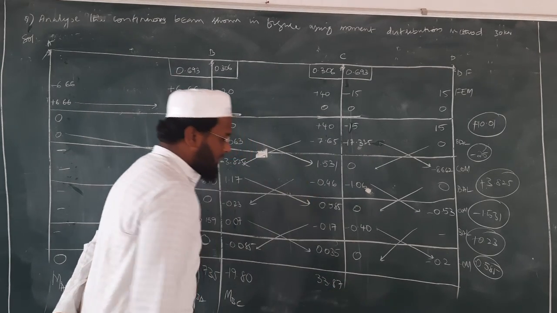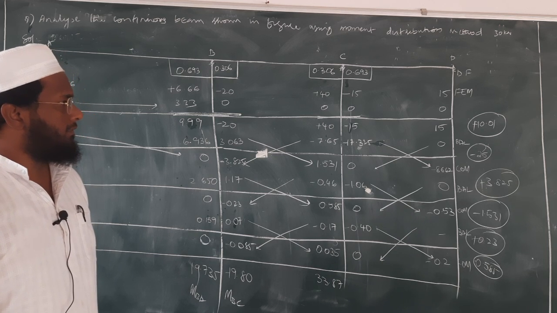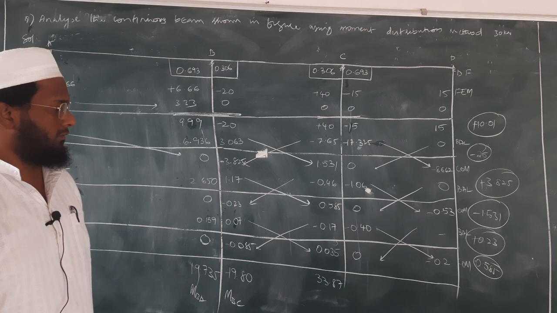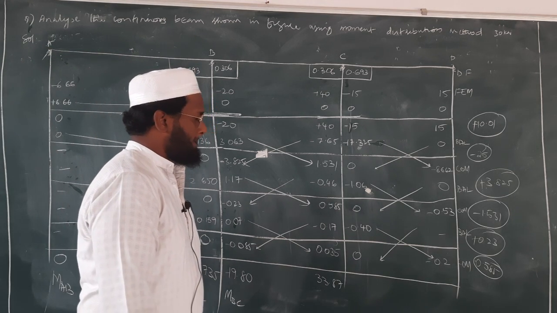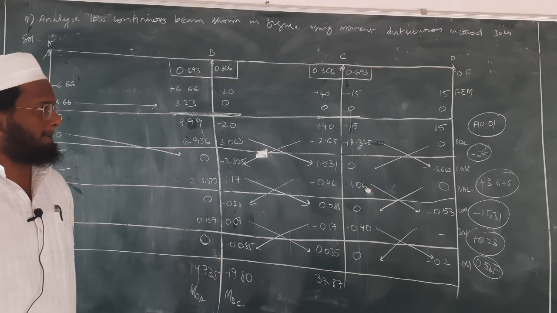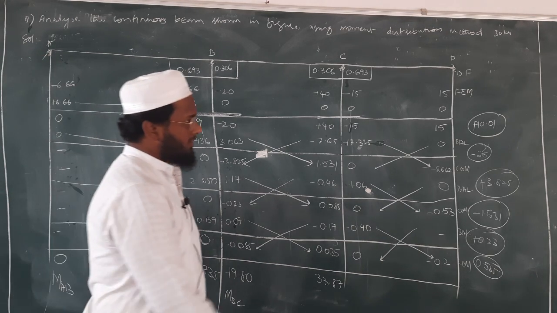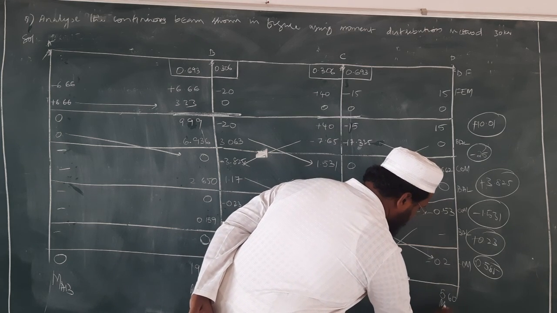What about the next value? Quickly. Last one is? This is MDC.